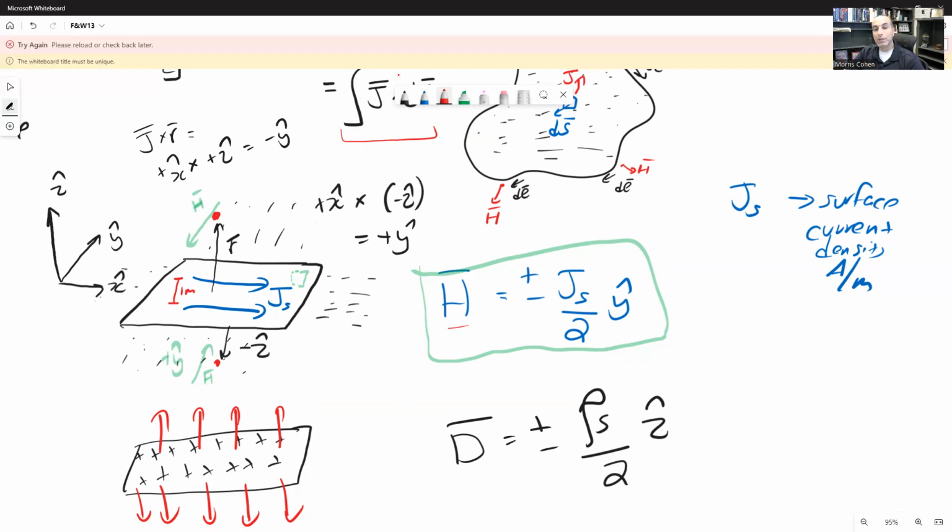Right? Because basically the difference in the magnetic field from one side to the other, the delta H, is going to be equal to Js from one side of this sheet to the other. And that should look pretty similar to the delta D equals rho s that we saw before.